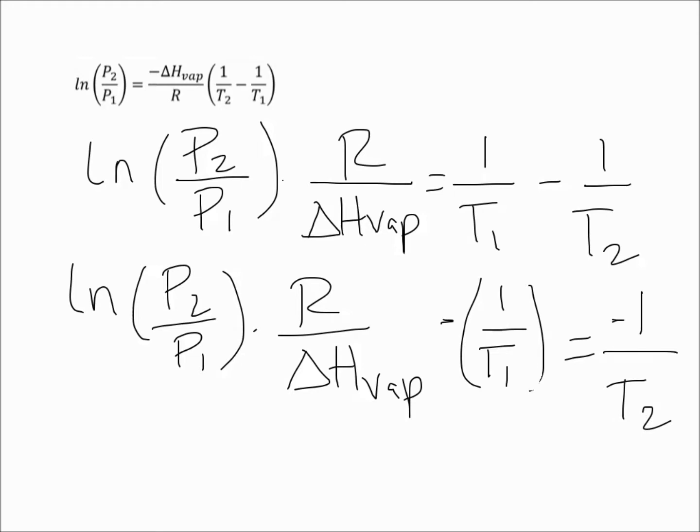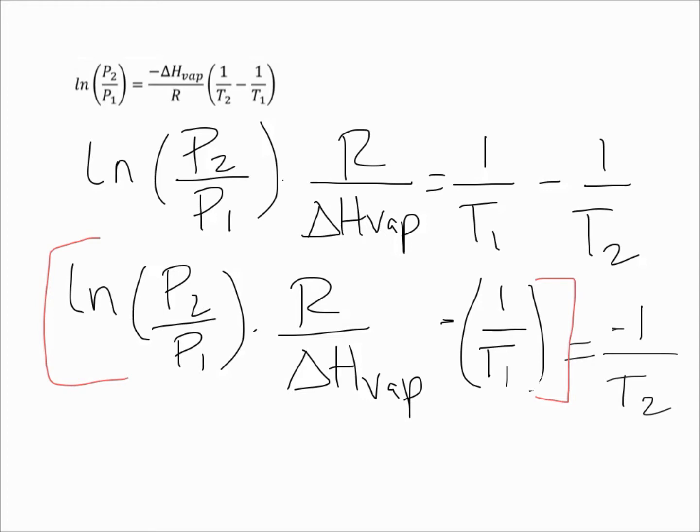And finally, you have to pass this T2 to the other side, which means this has to go back to the other side and divide.